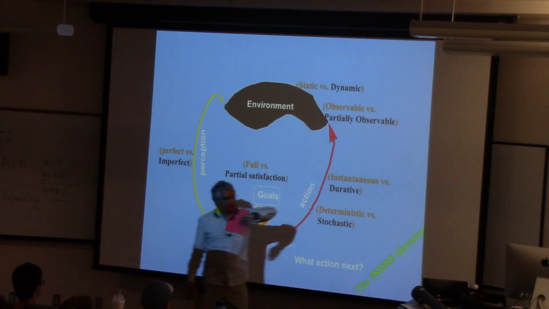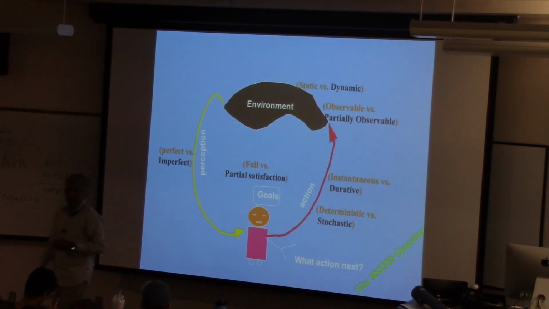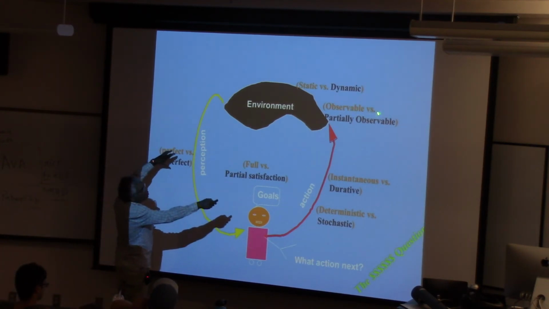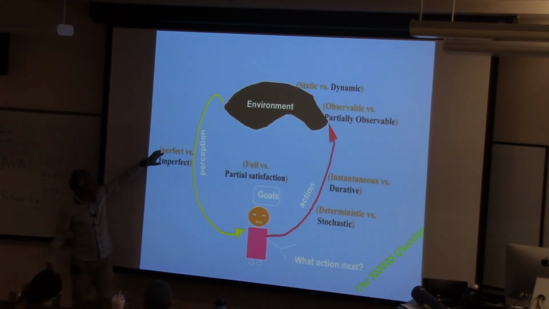Observable versus partially observable, that's the other distinction. Is the environment state observable to you or not? It is connected to some extent to perfect versus imperfect sensors.